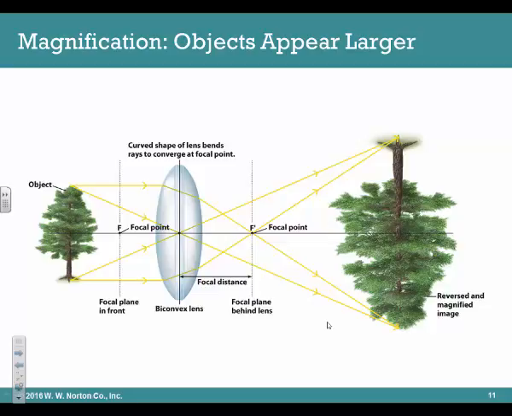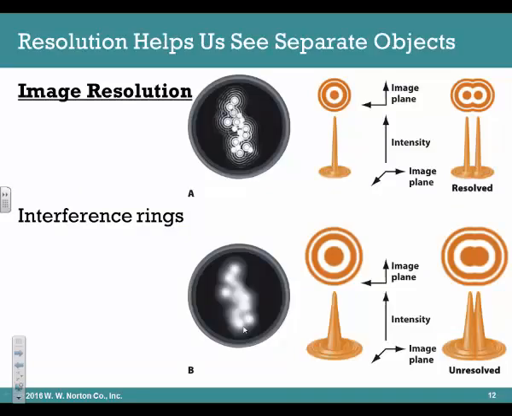And as we learned about in Chapter 1, it was really Francisco Redi that was very good at grinding these lenses and got a greater magnification than his predecessors, and was able to really see a lot of detail in the specimens that he looked at.